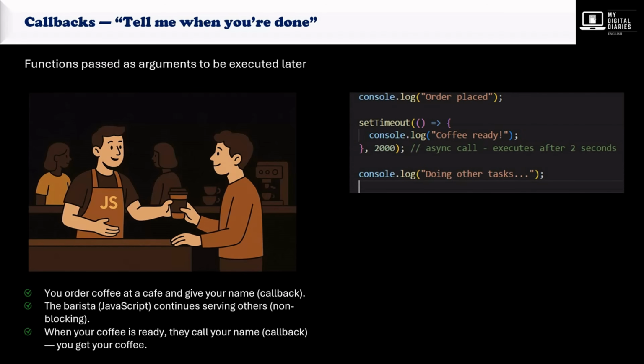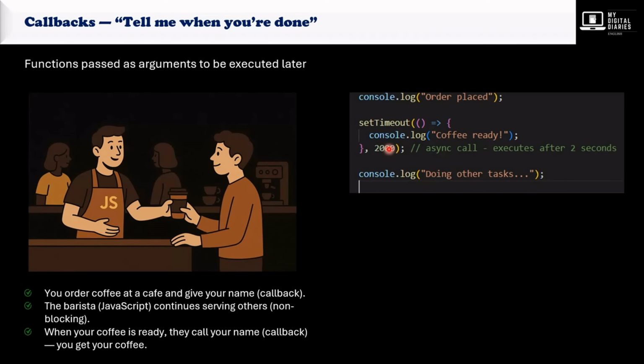Let us look at a code example here. When we write console.log order placed, it executes immediately. Then we have a setTimeout which simulates an asynchronous operation like waiting for the coffee to be ready. Inside the setTimeout, we pass a callback function which runs after 2 seconds.